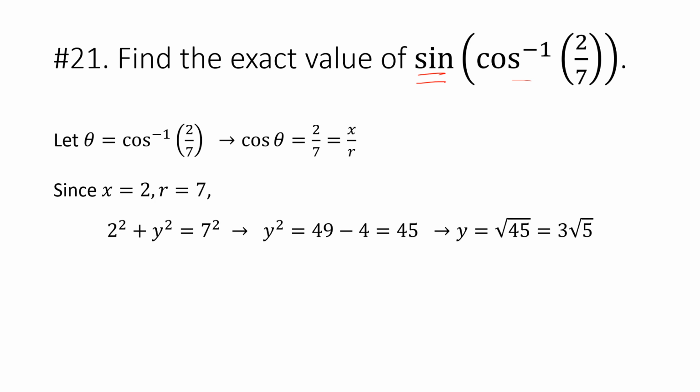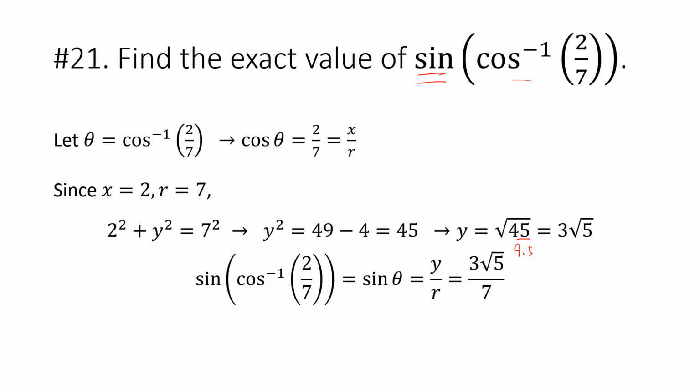We subtract 4 from both sides, so y squared equals 49 minus 4, 45. Taking the square root of both sides, y is the square root of 45. 45 is 9 times 5. The square root of 9 is 3, so y is 3 square root of 5. We want to find sine of cosine inverse 2 over 7, so this is sine theta. Sine theta is y over r. So y, 3 square root of 5, over r, 7. So this is our sine value.